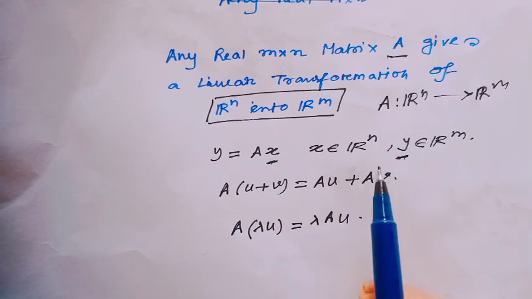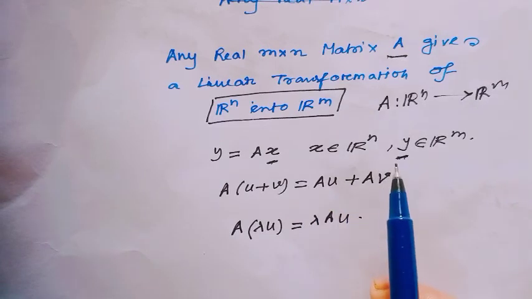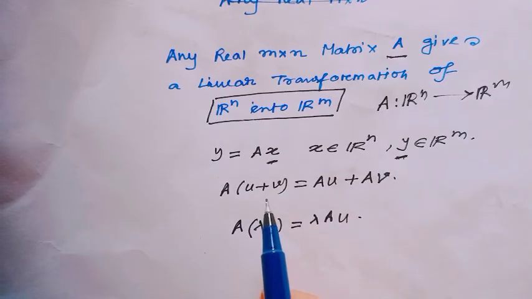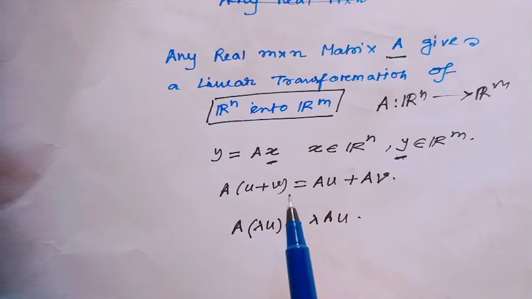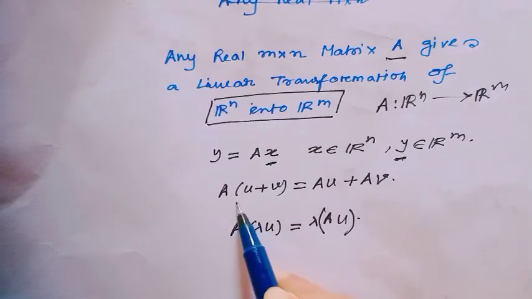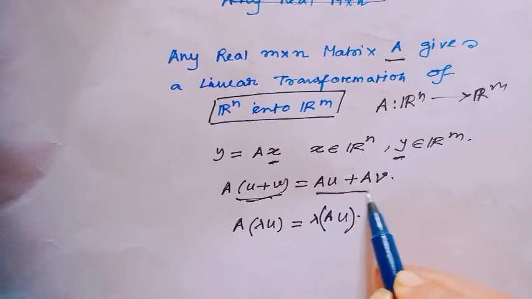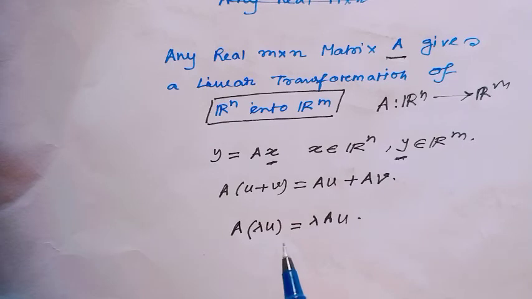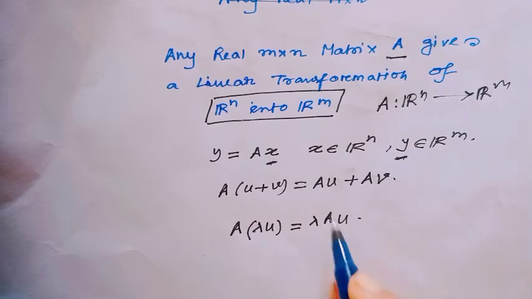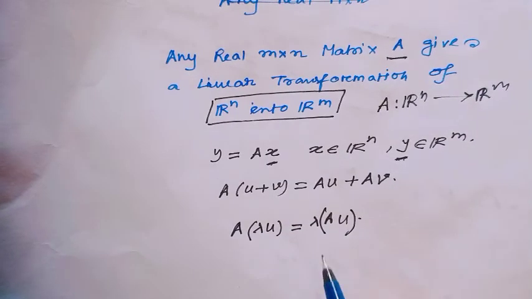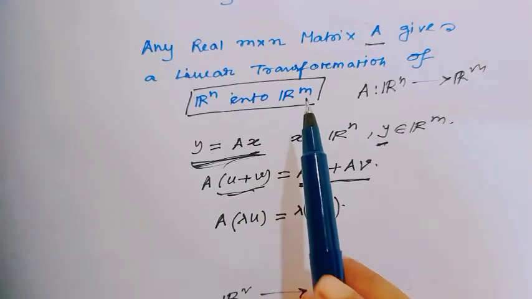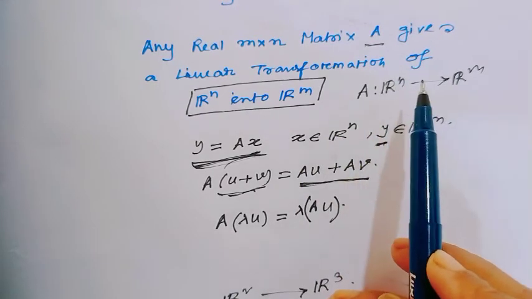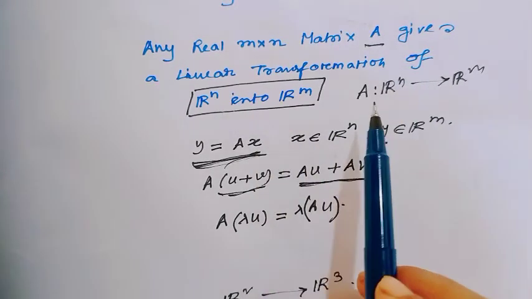Consider two vectors u and v from Rn. Then add them. Then apply A on the u plus v vector. By the property of matrices, this always equals Au plus Av. Also, A times lambda u equal to lambda times Au. This is also a property of matrices. So, any real m cross n matrix A gives a linear transformation from Rn to Rm.